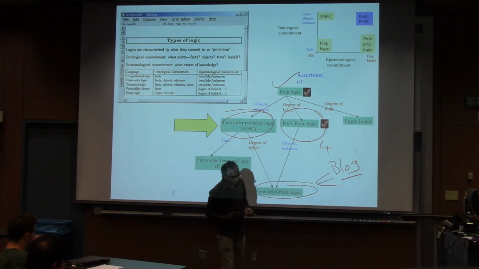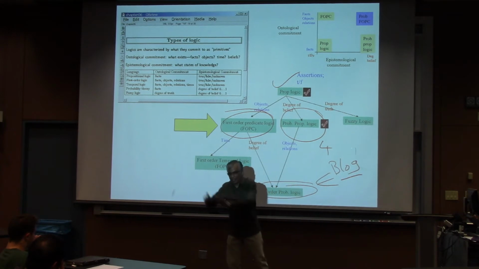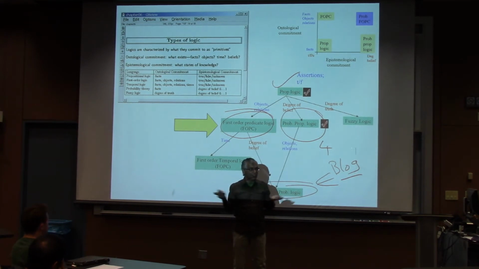So that should also make you realize that when I make a statement, predicate holds between object 1 and object 2, that's a statement that is either true or false. Does this relation hold or not?